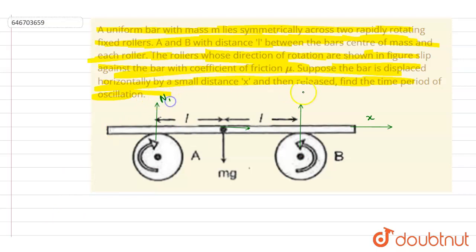So it is this. Right. So when it is displaced about the center, if you see the torque, you can get this distance will be L plus x. This will be L minus x. So you will get a net torque, right?